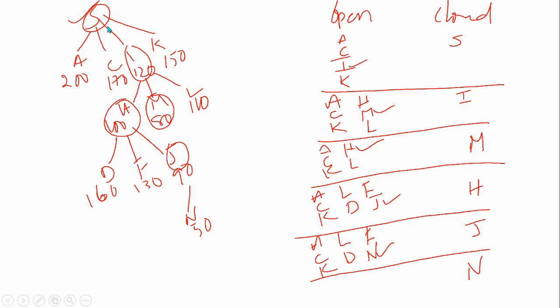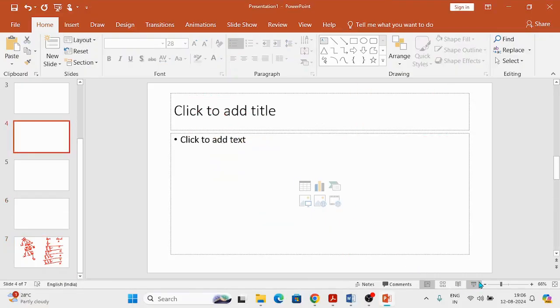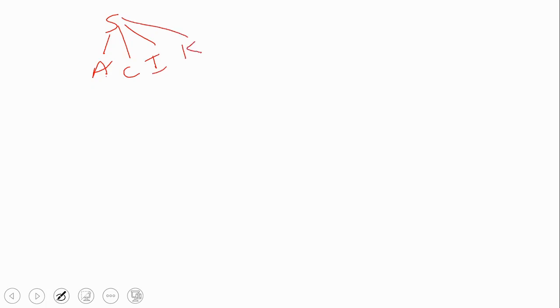S is connected to A, C, I and K. S has heuristic value 70, and A has 200, C has 170, I has 120 and K has 150.